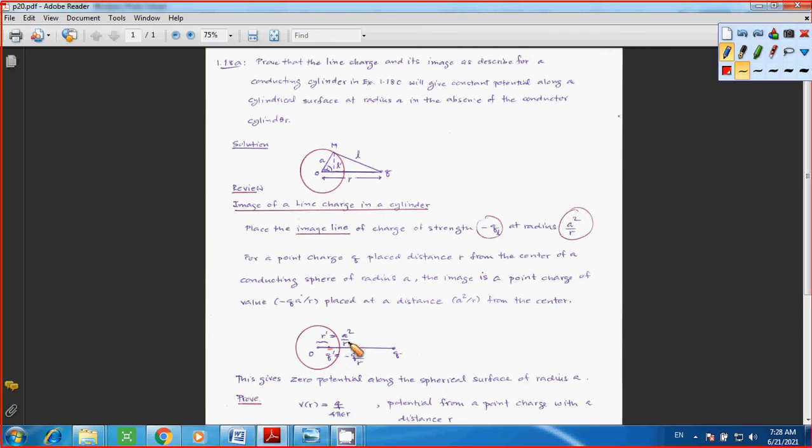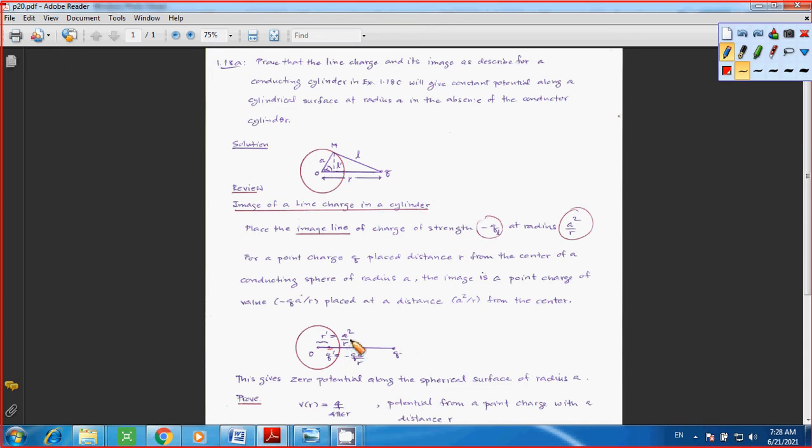That's related to a, the radius, and r, the distance of the point charge q from the center.